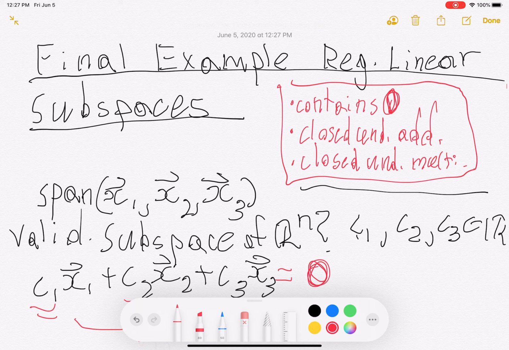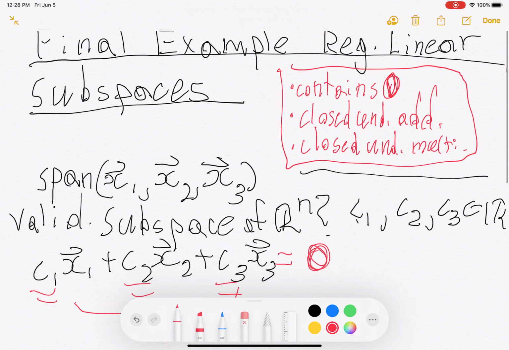And that makes sense, right? The span of 3 vectors, we've seen in the past, all the linear combinations of that, it will most likely span R3, assuming that you give the correct parameters of that given span vectors.